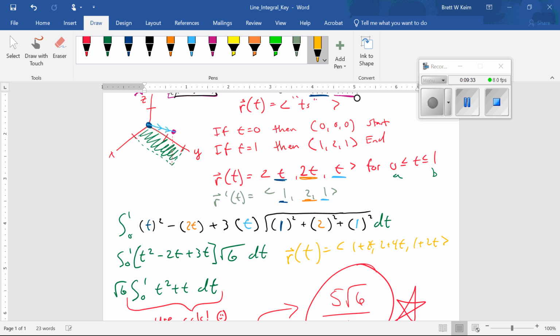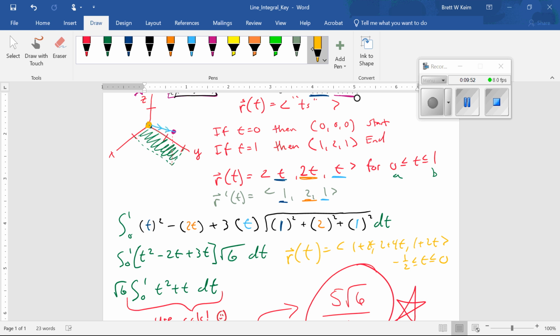Like, I could have done that. I really could have. And if I would have done that, it would have been for my values of negative 1/2 to 0.